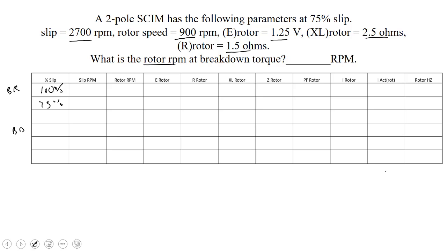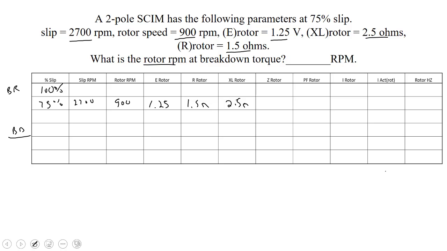We're not sure what that percent slip is yet. So at 75%, we've got 2700 slip speed, a rotor speed of 900, the voltage is 1.25 volts, the XL is 2.5 ohms, the R is 1.5 ohms.